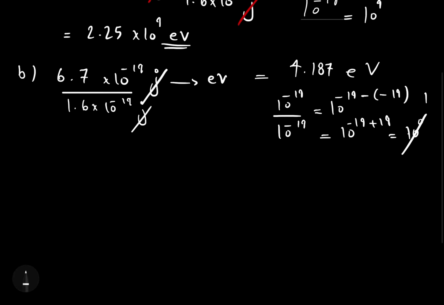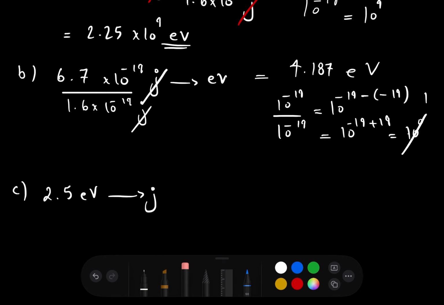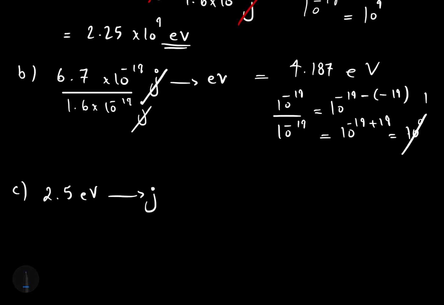Now, how about if you want to convert electron volts back into joules? For example, C, let's convert 2.5 electron volts into joules. This time, you have to multiply this by a fraction that will get rid of the electron volts.